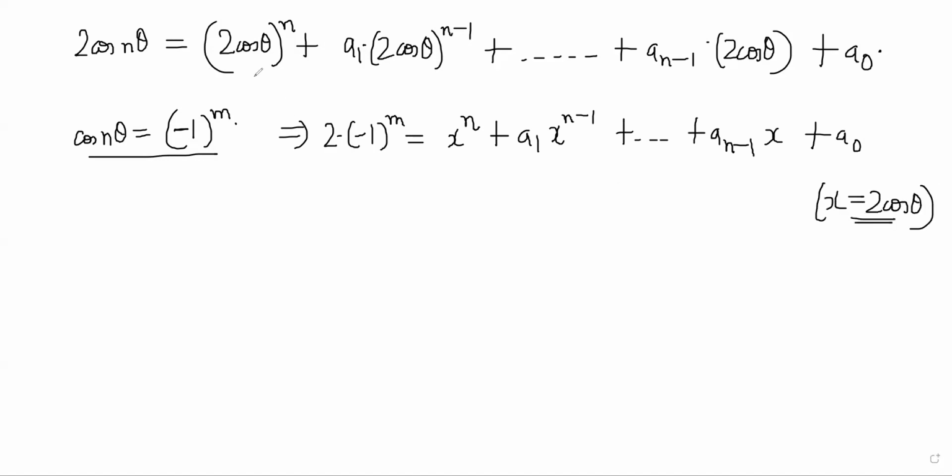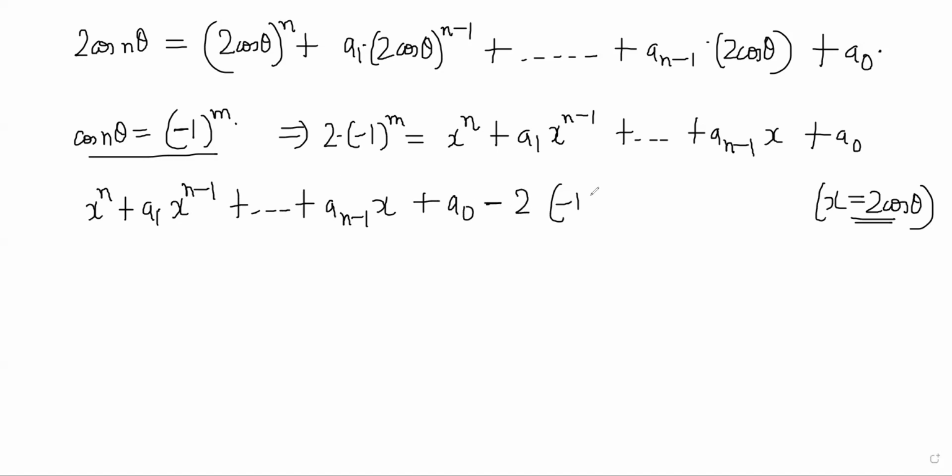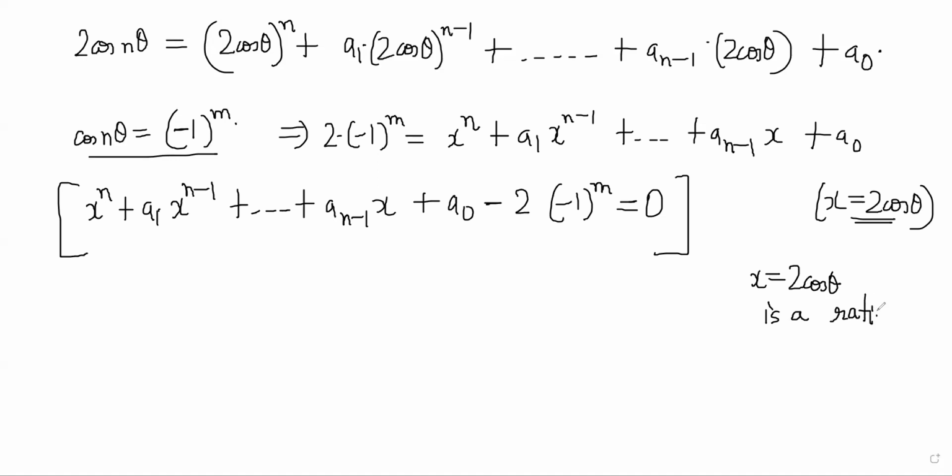I have replaced this as x as 2 cos theta because it is easier to write this equation using x, right? So what we can say now is that the equation looks like this: x power n plus a1 x power n minus 1 till a(n minus 1) x plus a0 minus 2 times (minus 1) power m equal to 0, right?